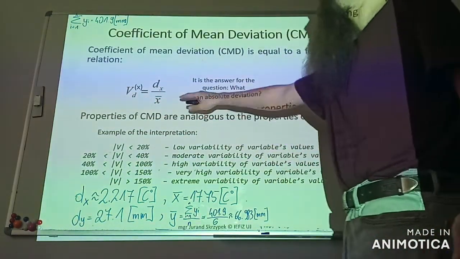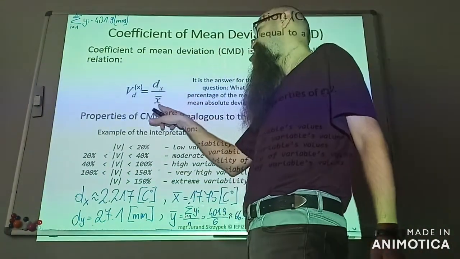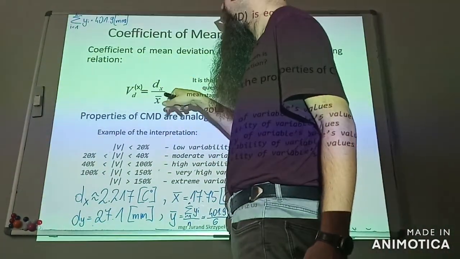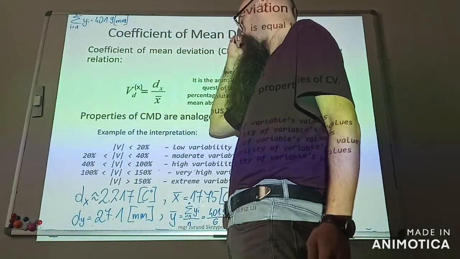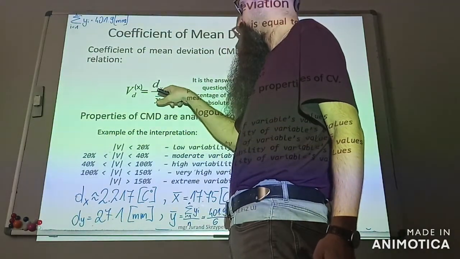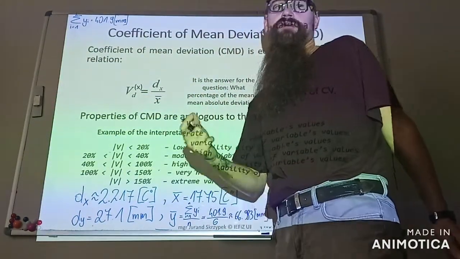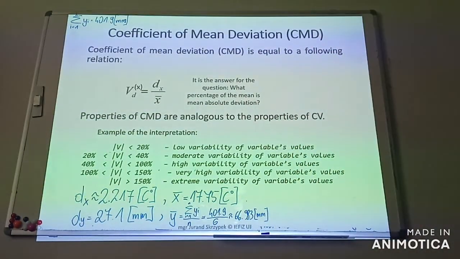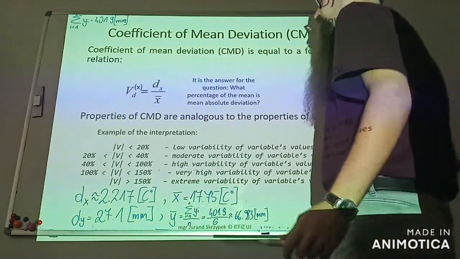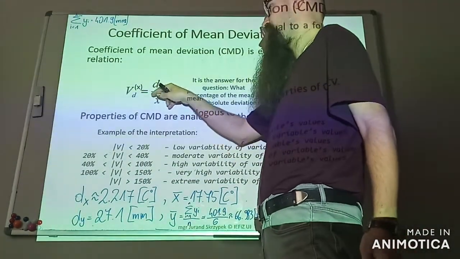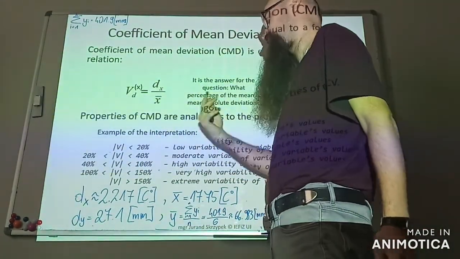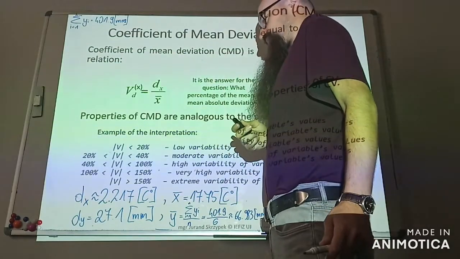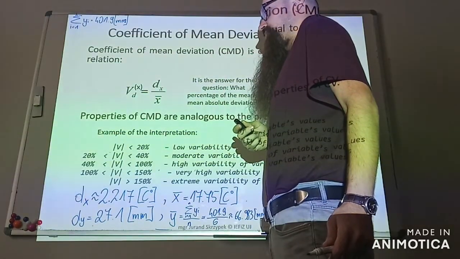Yeah, so the reference point is the same, the arithmetic mean. Here we use mean absolute deviation instead of standard deviation, which we used when we talked about the coefficient of variation.